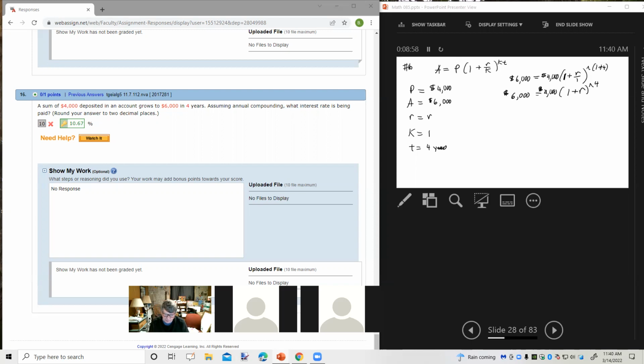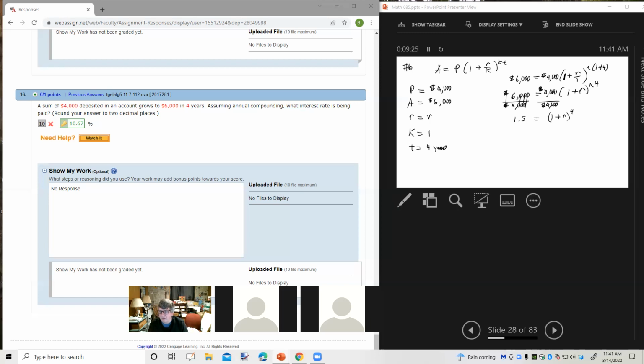Okay. Now, what I need to do next is get rid of that 4,000 in front of the 1 plus R. So I'm going to divide both sides by 4,000. And this all reduces down to, let's see, that's going to be 1.5 equals 1 plus R to the 4th power.